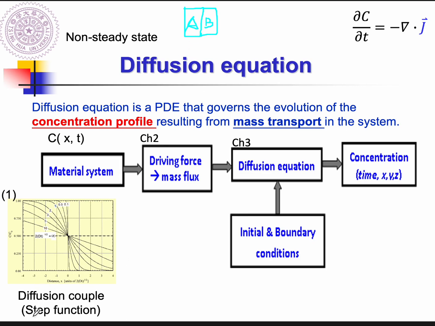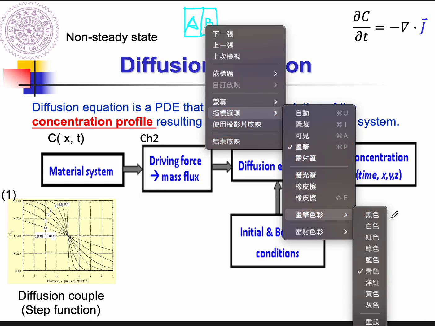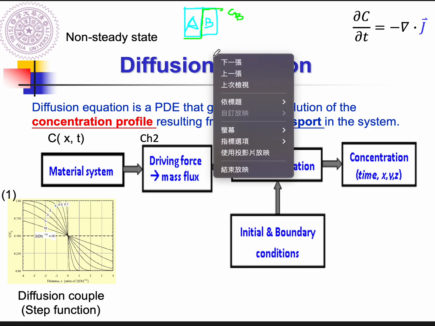Some people also call it a step function, because when you plot the concentration profile of CB, it is really a step function. And if you plot the concentration profile of A, it is also a step function, right?